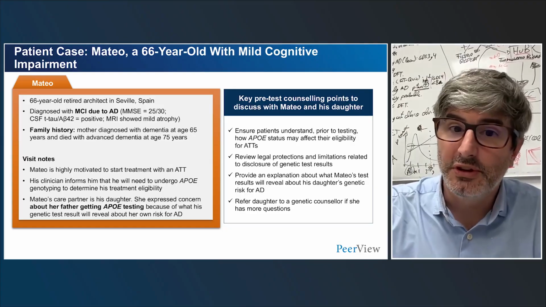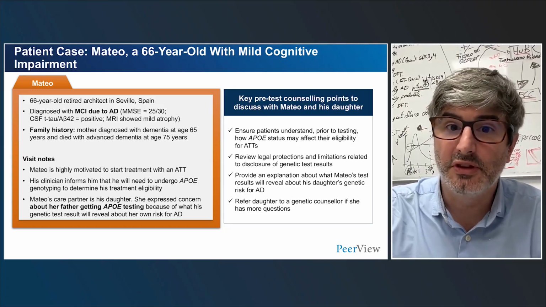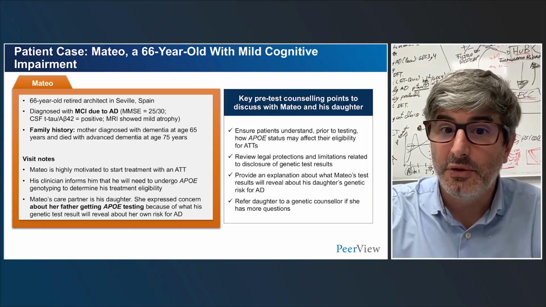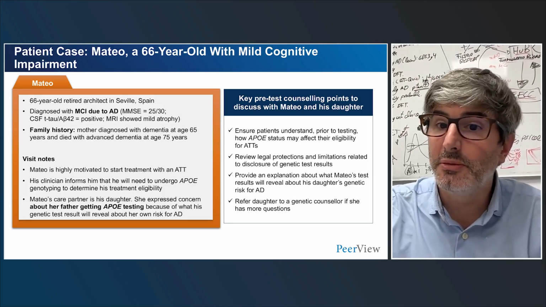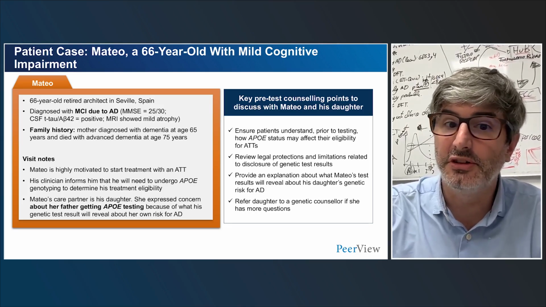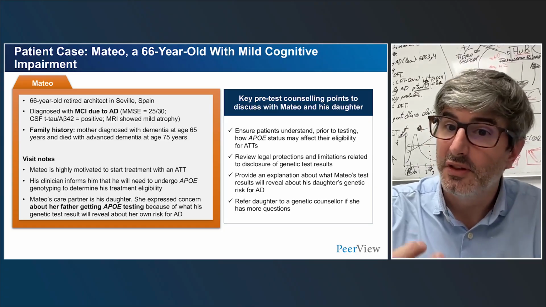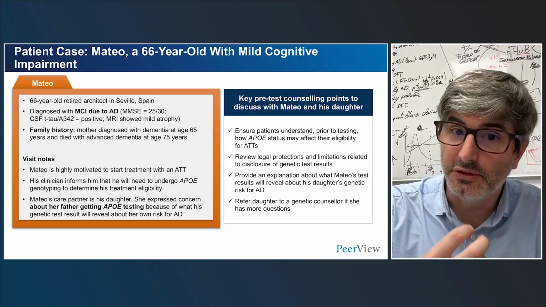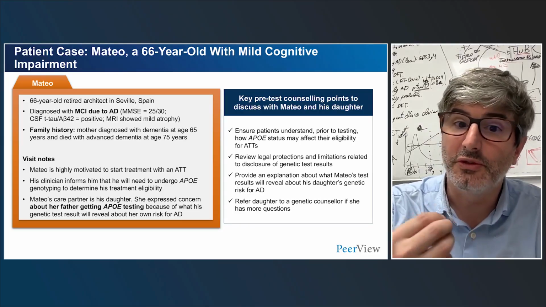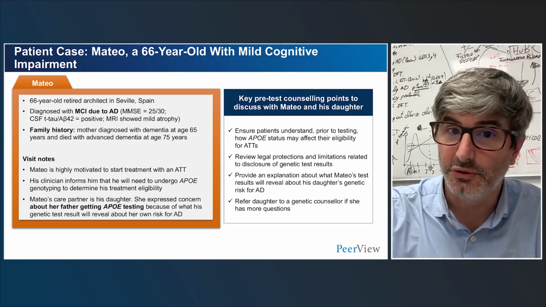As we've seen, we need to review the legal protections and limitations related to the disclosure of genetic test results. And of course, provide an explanation about what Mateo's test results will reveal about his daughter's genetic risk for Alzheimer's. As we've discussed, this scenario for the daughter is different and much stricter. And we might need to refer the daughter to a genetic counselor if she has more questions.